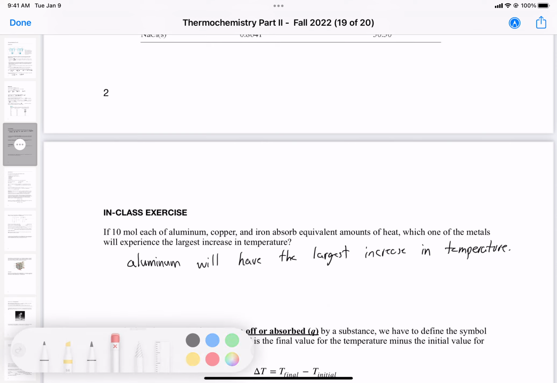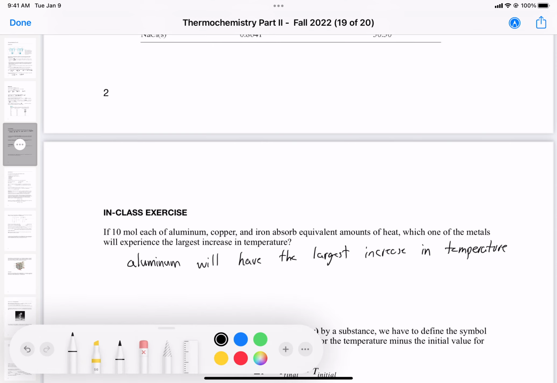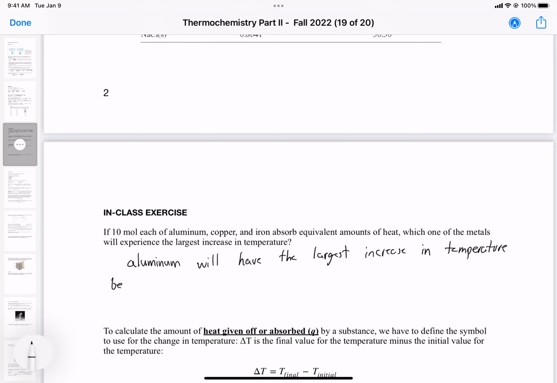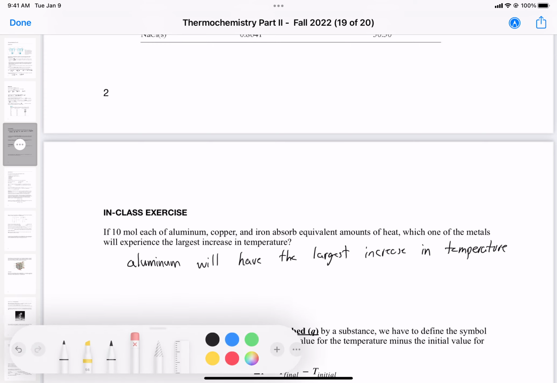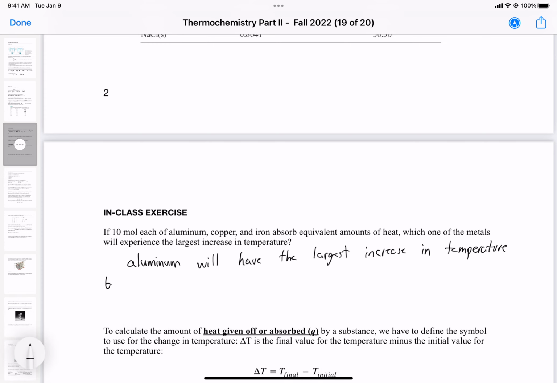Maybe I should expand on that, because the molar heat capacity, C_m, is the smallest.